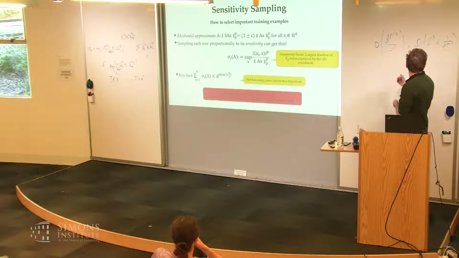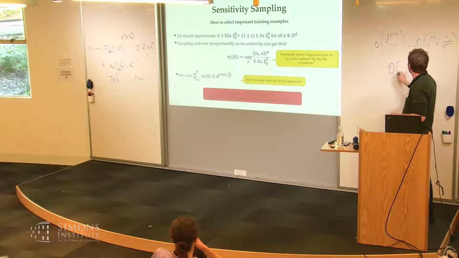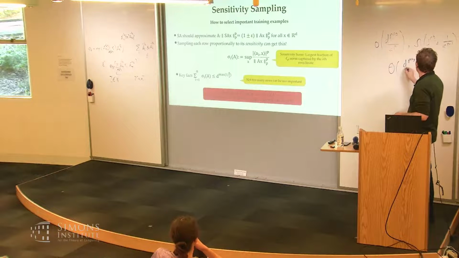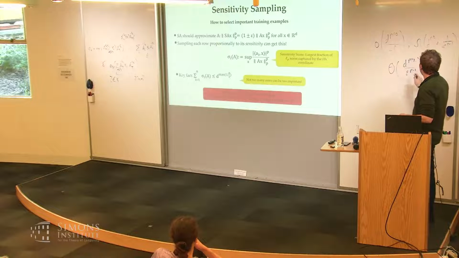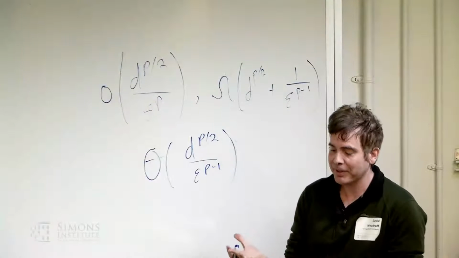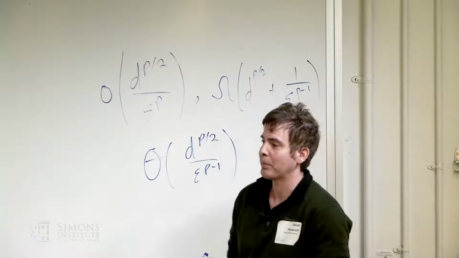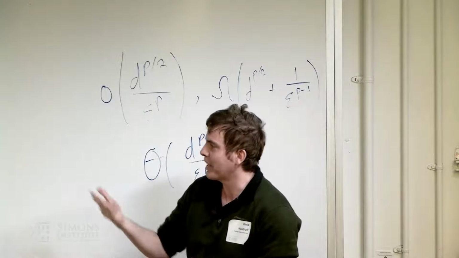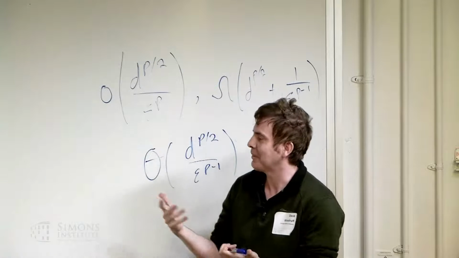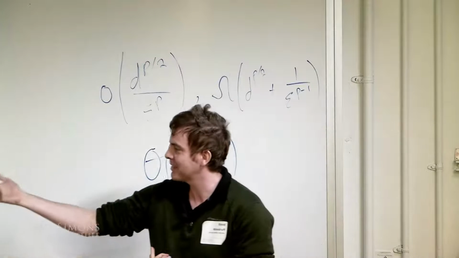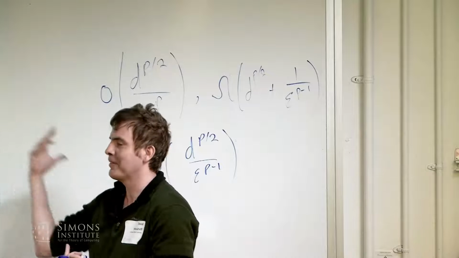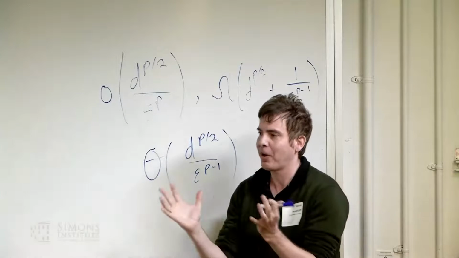The tight bound was theta of d to the p over 2 over epsilon to the p minus 1. You can show a hard instance where if you don't read this number of entries in the B vector, then you can't get a 1 plus epsilon approximation. It is related, because ultimately there's an algorithm that uses facts like this to achieve this, but the proof is just a direct hard instance.